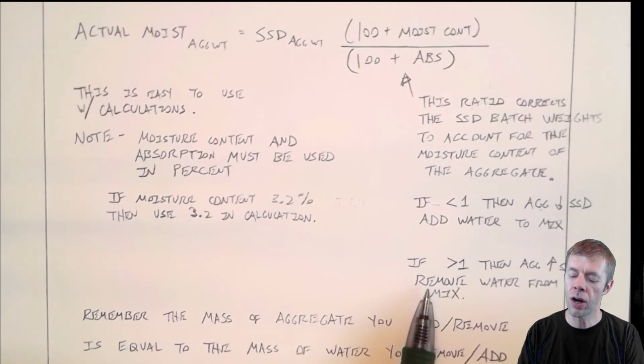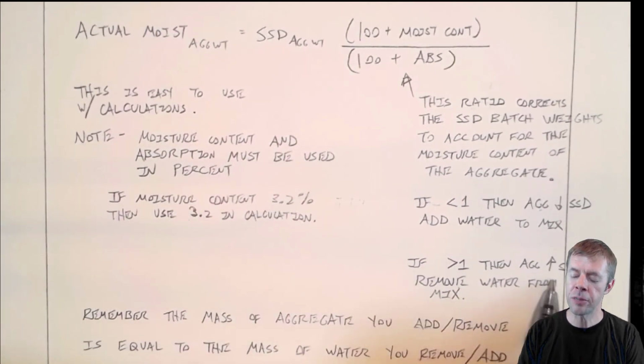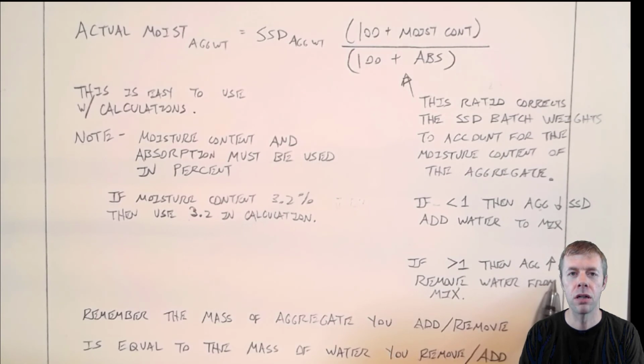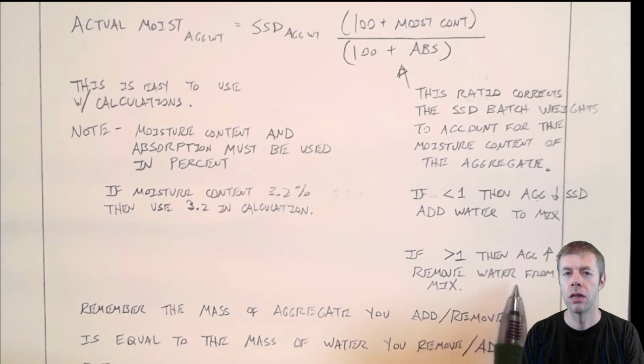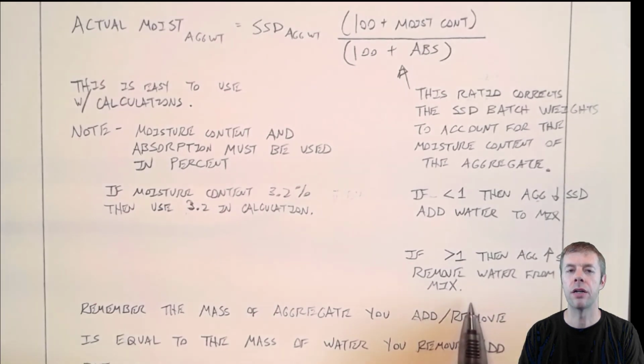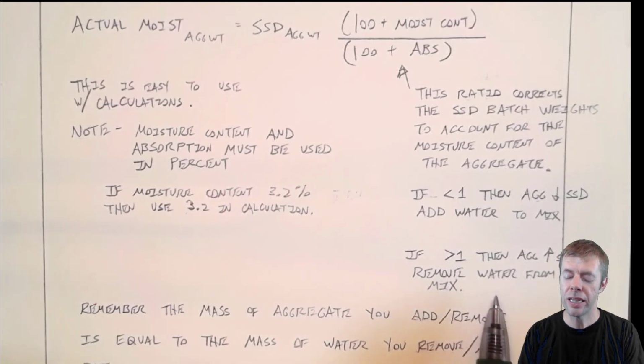And if this factor is greater than 1, that means my aggregate's greater than SSD. That means extra water was coming along for the ride, and I didn't weigh out enough aggregate. I didn't get enough. I got water instead. So in this case, I'm going to have to add aggregate back into the mix and take out water. And again, this calculation is going to help me do this.